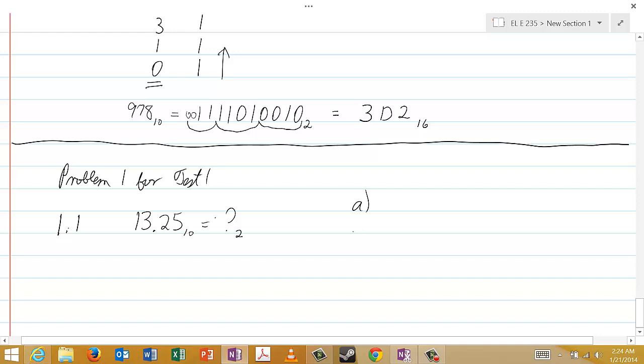And I'll give you 4 choices here. Is the answer 1010.01 base 2, 1100.01 base 2, 1101.11 base 2, or 1101.01 base 2.